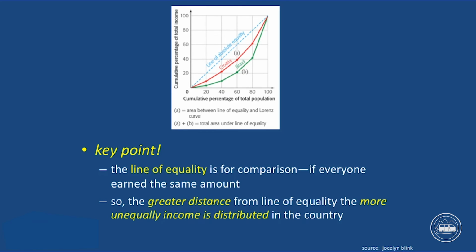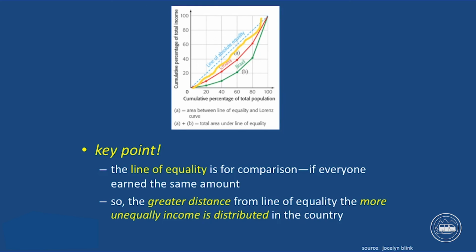But a country with a Gini coefficient between Croatia and the line of absolute equality would be more equal. And you already know that just from looking at this diagram. And also, the Gini coefficient for the country represented by the yellow line would be smaller than 0.29. It would be something like 0.2, or 20% if it's an indexed number.